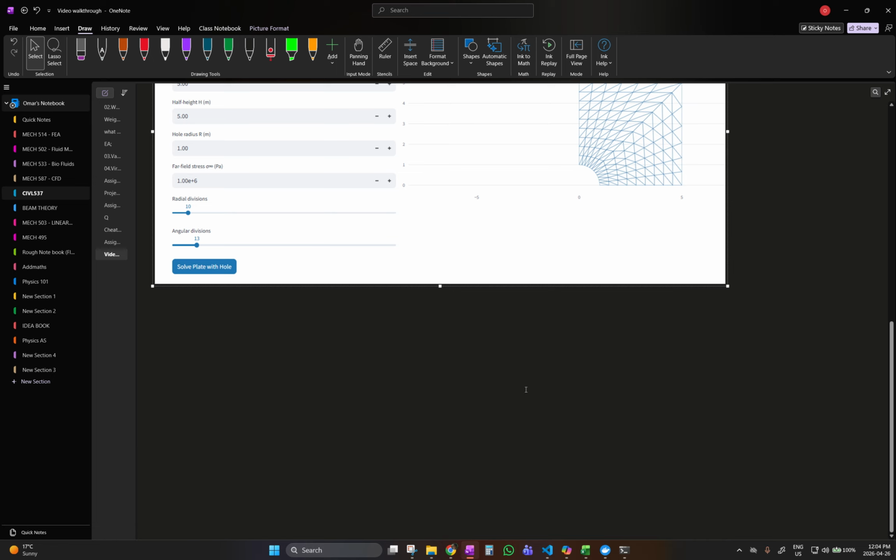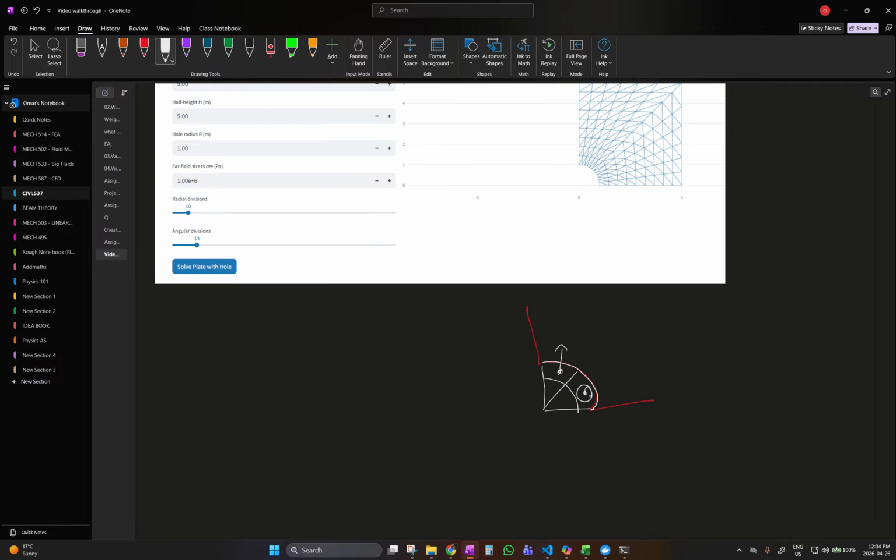So if I have a mesh like this, I may accidentally consider this one as part of the material and this one as part of the hole.